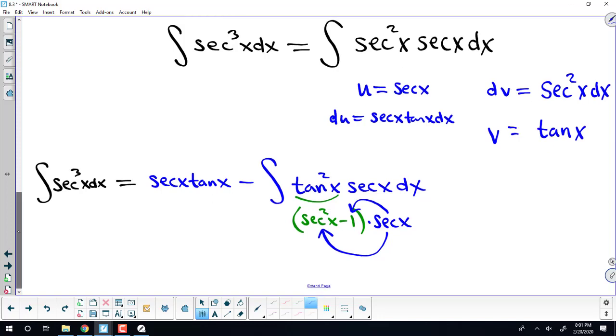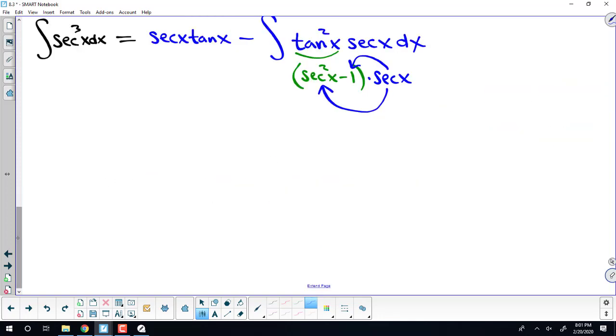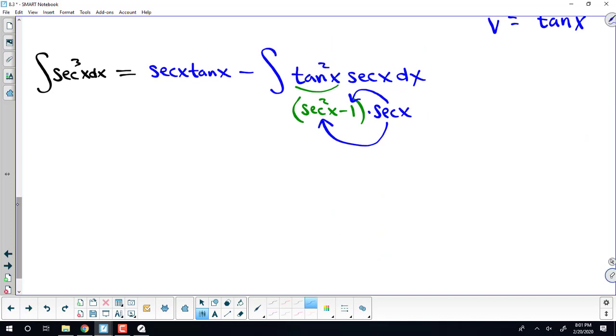So if we look a couple of steps ahead, in this light we see that it is going to help. This is secant tangent minus, like we said, this integral is turning into secant times secant squared minus secant.